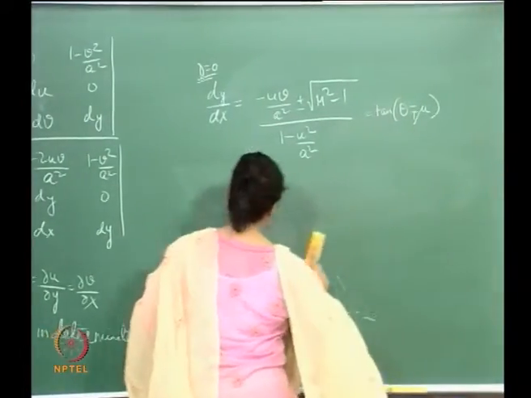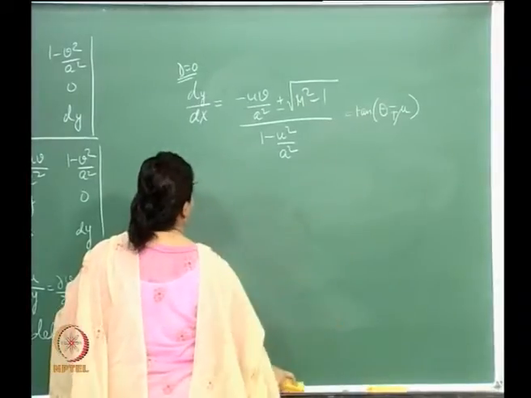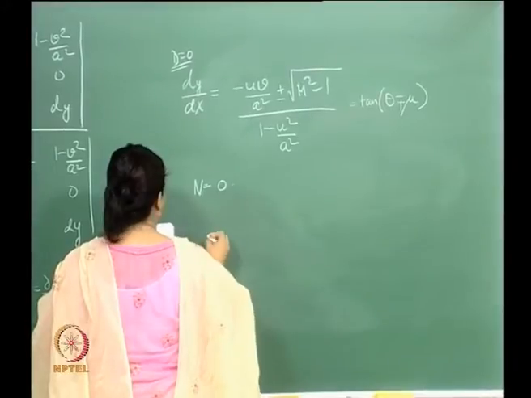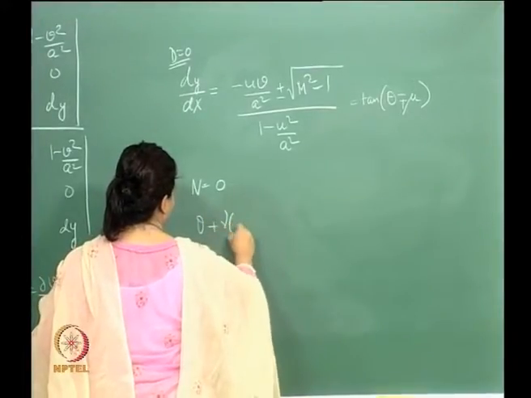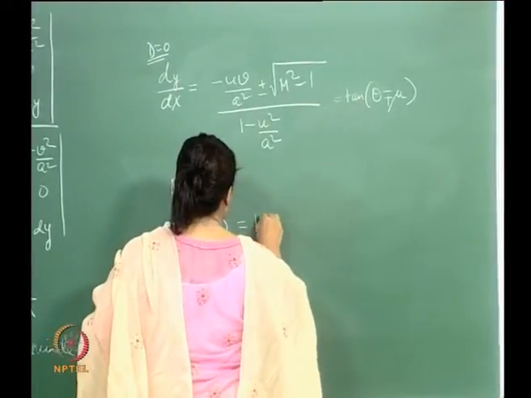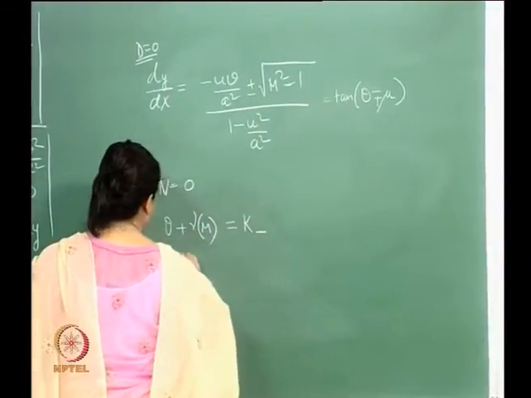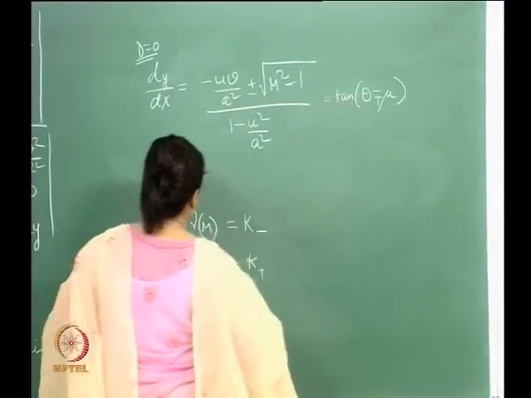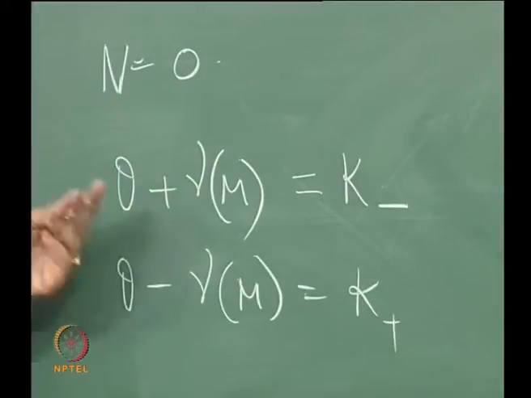Now, we set n equal to 0, and what we found out was that these are constants. So, this is the Prandtl-Meyer function, and theta is basically the streamline geometry definition here.